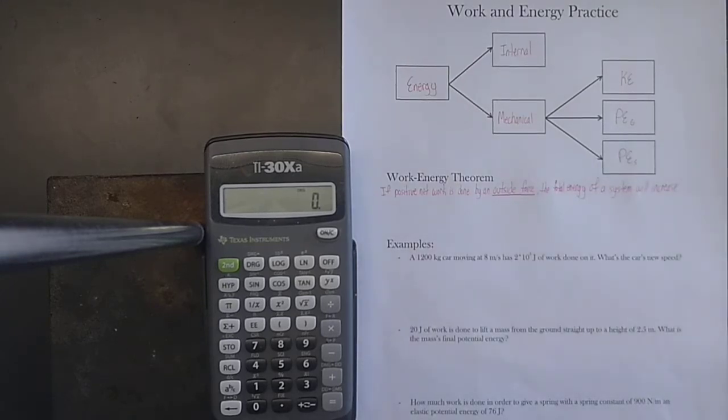If positive net work is done by an outside force, the total energy of a system will increase. Okay, so if work is done, the energy of the system changes.